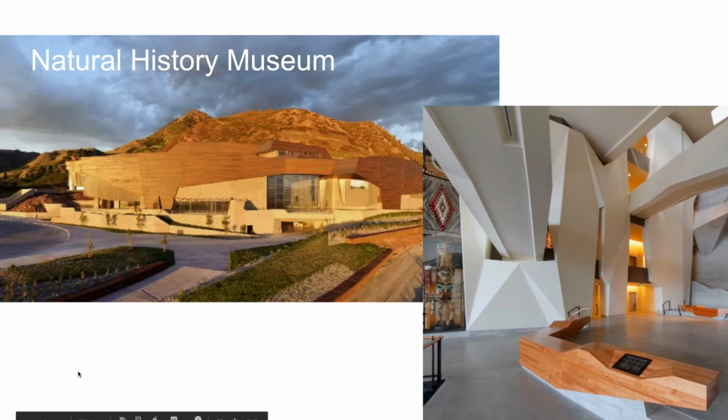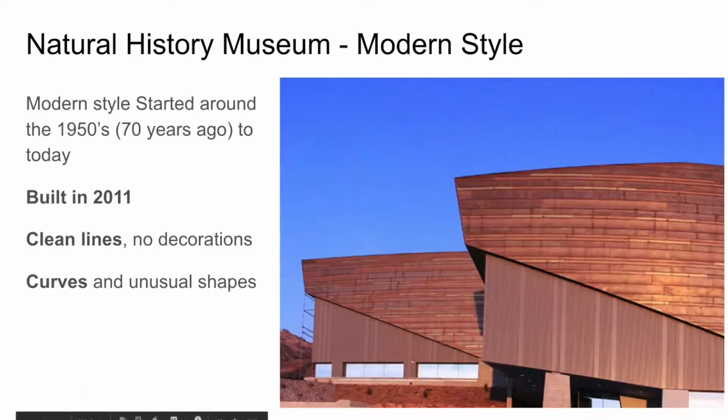And the look of the building is very unique. So in modern architecture, the architect wants to design something that doesn't look like anything else. The style is modern. Modern style started in the 50s, about 70 years ago, and continues today.